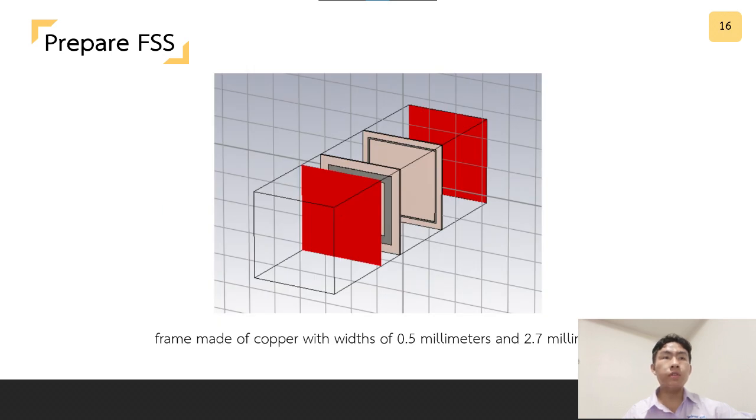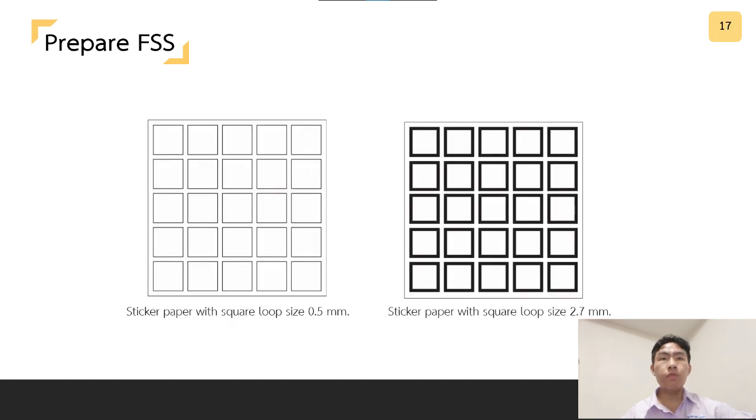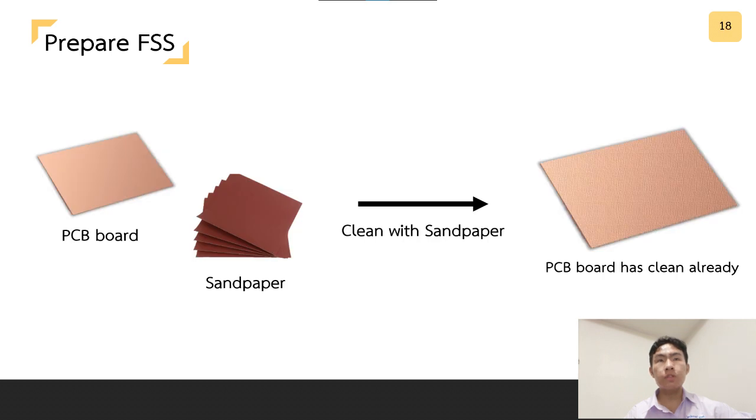The following steps are taken to prepare the FSS. 1. Printing the rectangular frame. Print a rectangular frame with dimensions of 26 mm in width and length on a sticker paper in a 5x5 pattern. 2. Cleaning the PCB. Clean the printed circuit board using fine sandpaper to remove any impurities on the surface. 3.